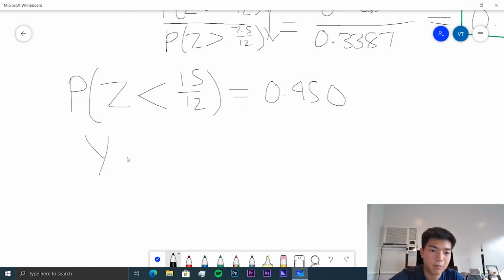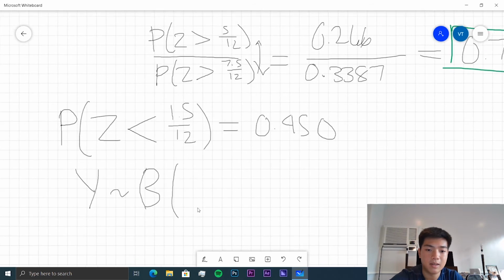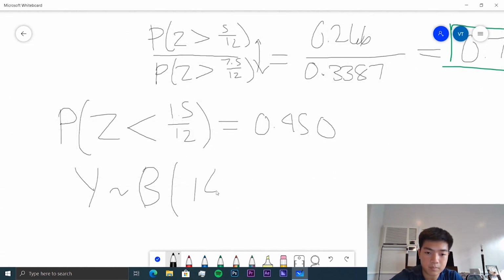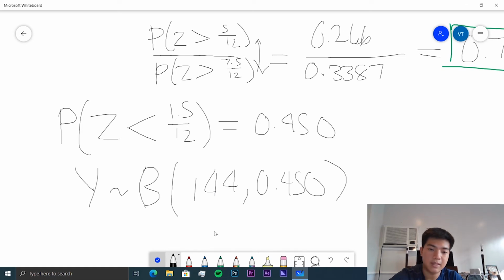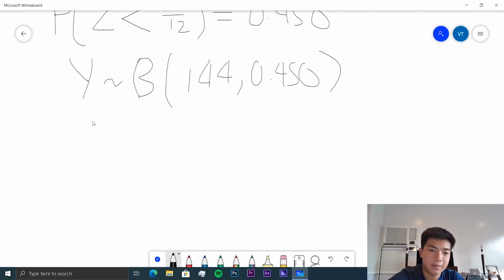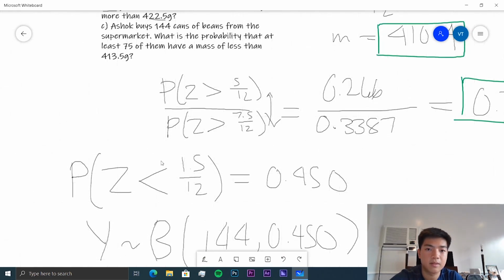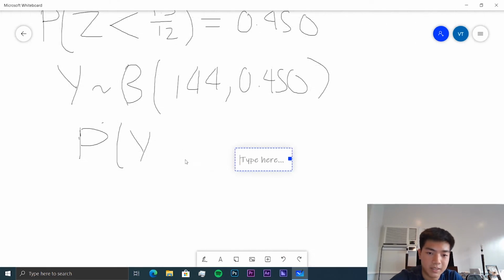Let's say a variable y, which is the number of cans of baked beans, is binomially distributed with 144 trials and 0.450 probability. And we need to find the probability that y will be at least 75, greater or equal to 75.